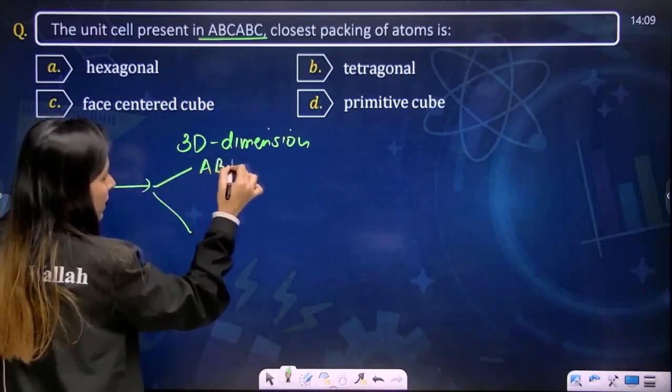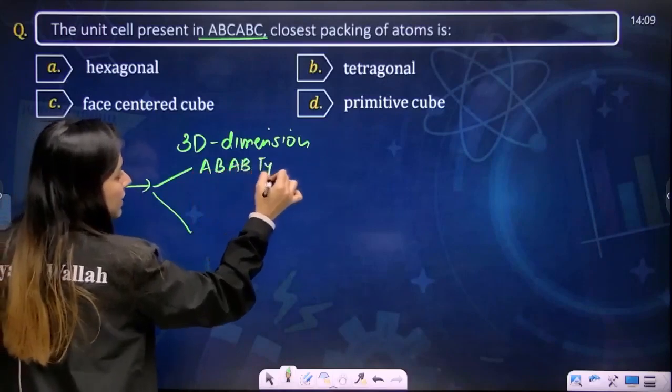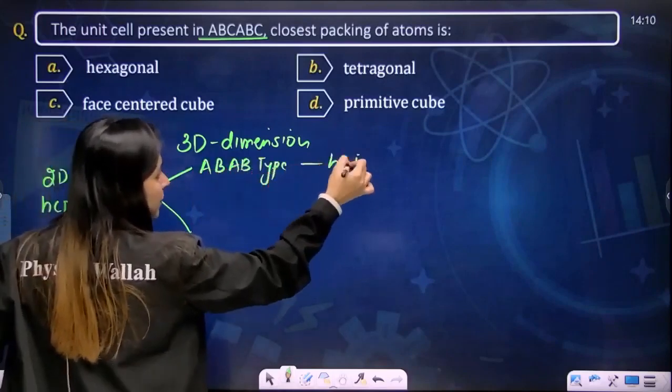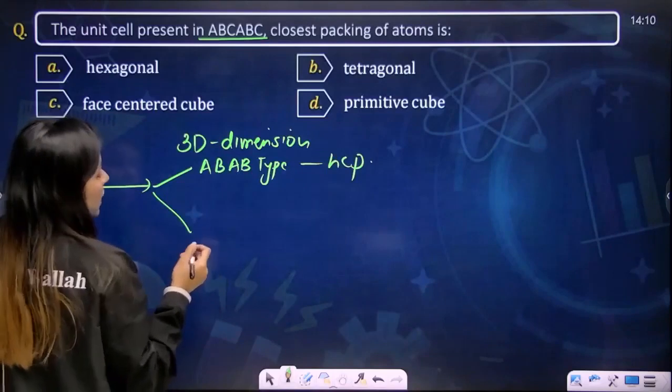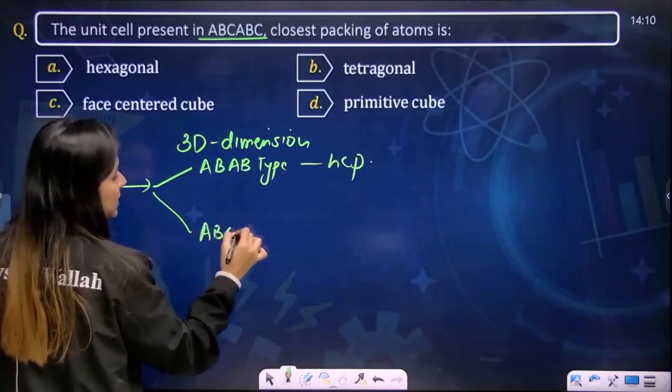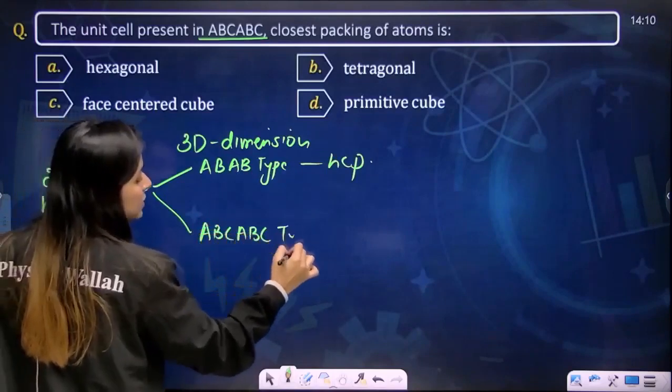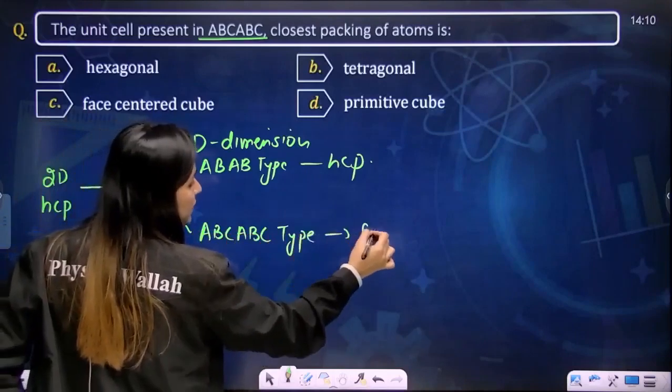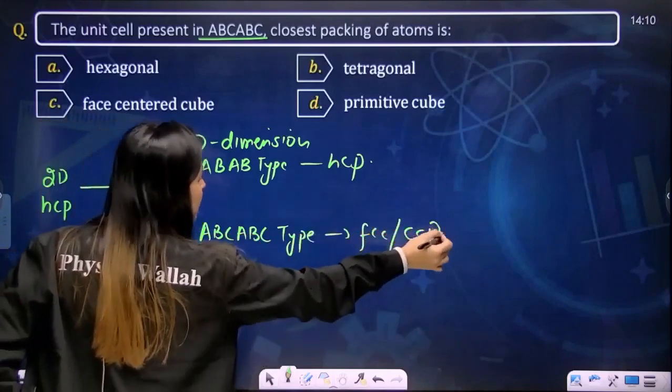Either I could get AB type, and this would give me rise to HCP, hexagonal closest packing, or I could get ABC layering, and this could give me FCC or CCP lattice.